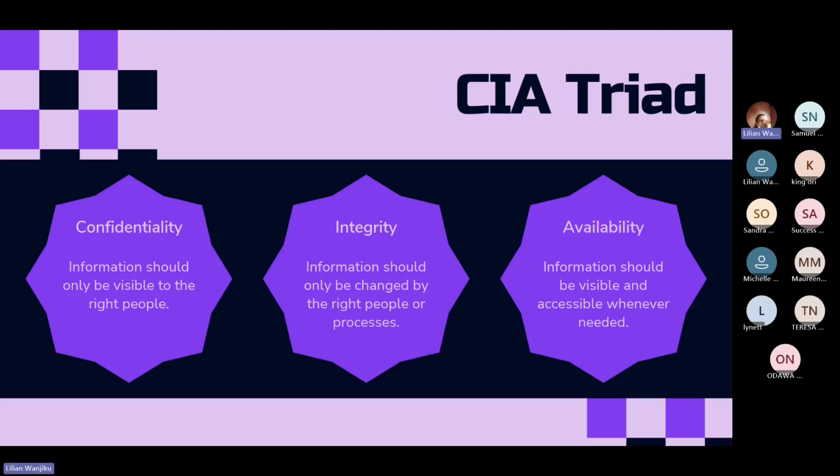Maybe you are trying to come up with an organization or website. It must follow the CIA triad. CIA stands for confidentiality, integrity, and availability. These three aspects must be in your website for it to be secure.